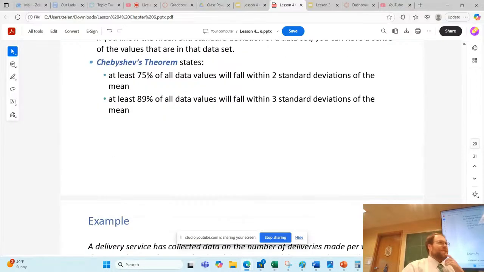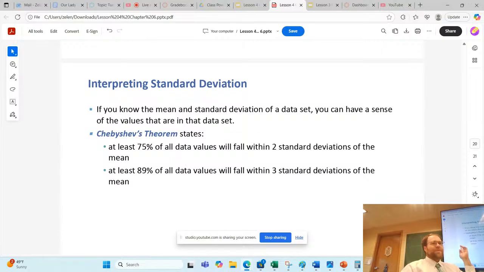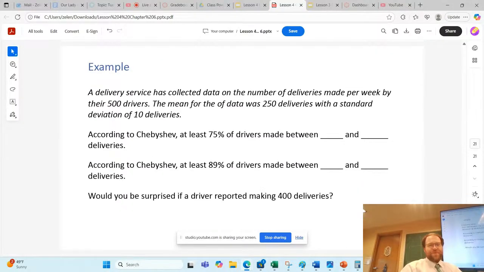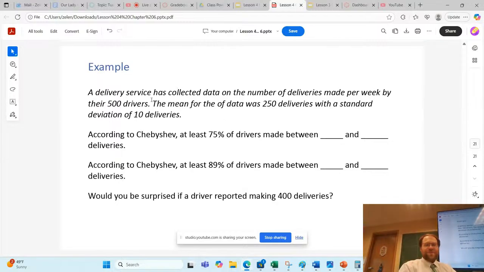So I'll explain to you what Chebyshev's theorem does through an example. A delivery service collected data on the number of deliveries made per week by their 500 drivers. The mean of the data was 250 deliveries with a standard deviation of 10 deliveries.